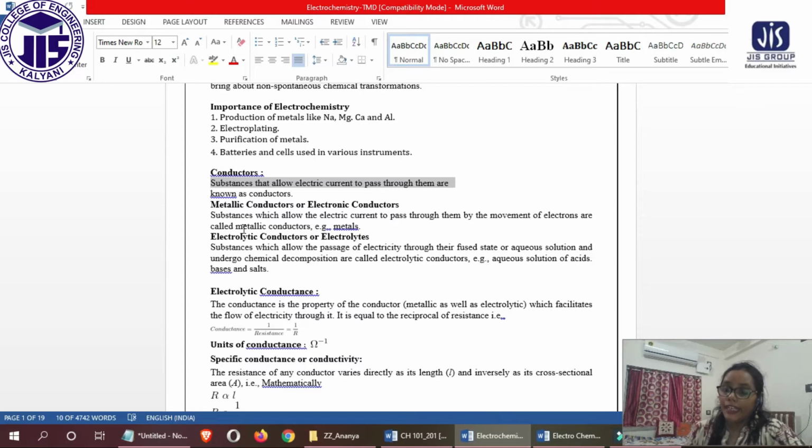Thus, the electrons can go from the valence band to the conduction band very easily, and thus they can conduct the electricity.